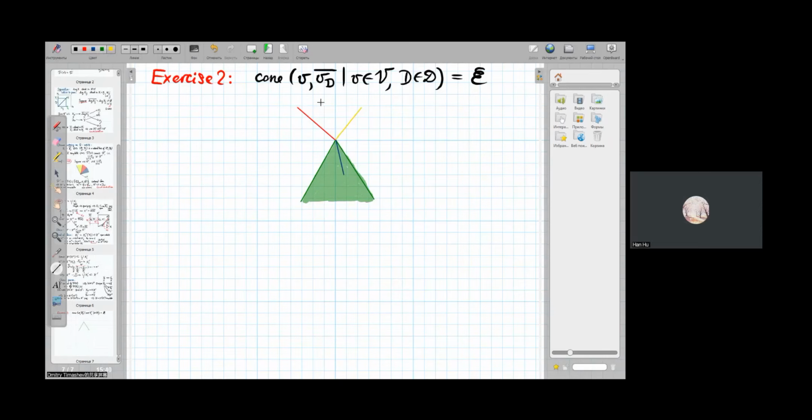If you take all these vectors corresponding to colors, then the cone you get by taking all these vectors and all vectors in the valuation cone, if you take the cone spanned by all of them, then you get the whole vector space.